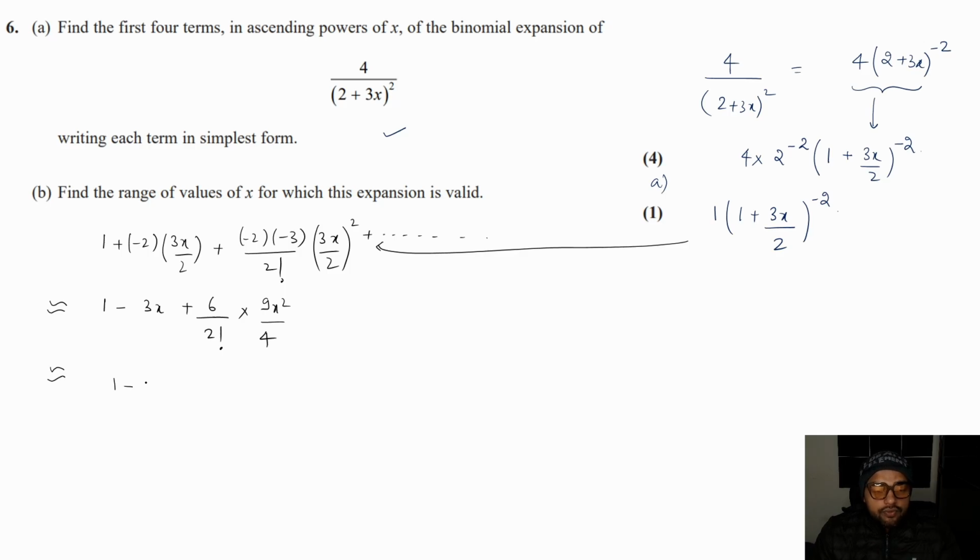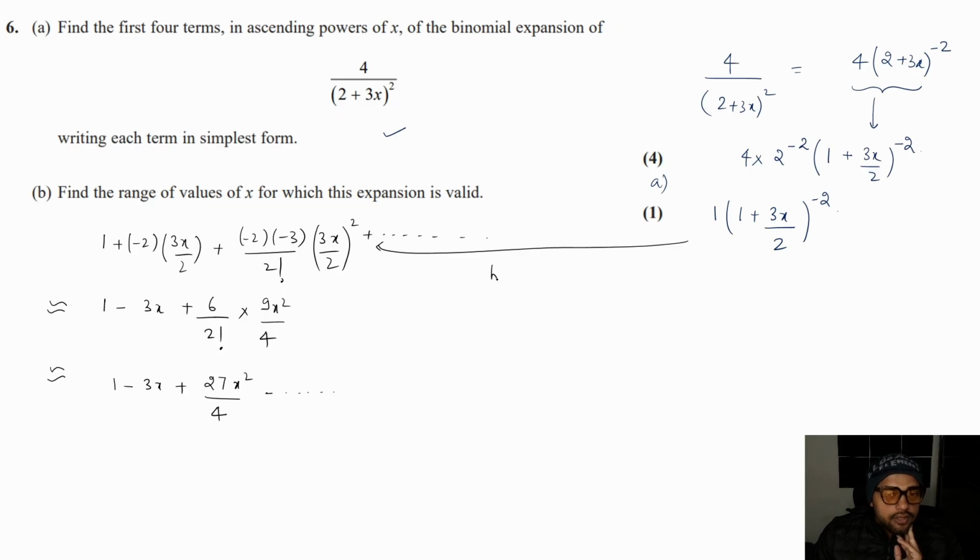So that is approximately 1 minus 3x plus, on calculating, 27x squared by 4, and so on, this is how the series will go on. If we want to write a fourth term as well, we can write it as n times (n minus 1) times (n minus 2) upon 3 factorial, times x cubed. So this is the simplest form.